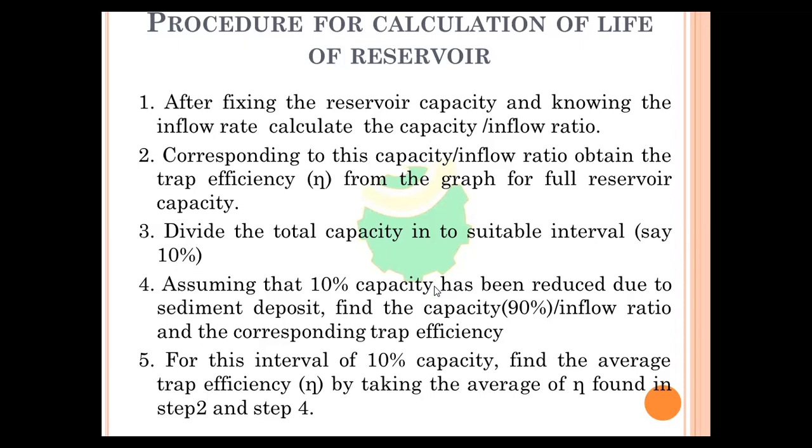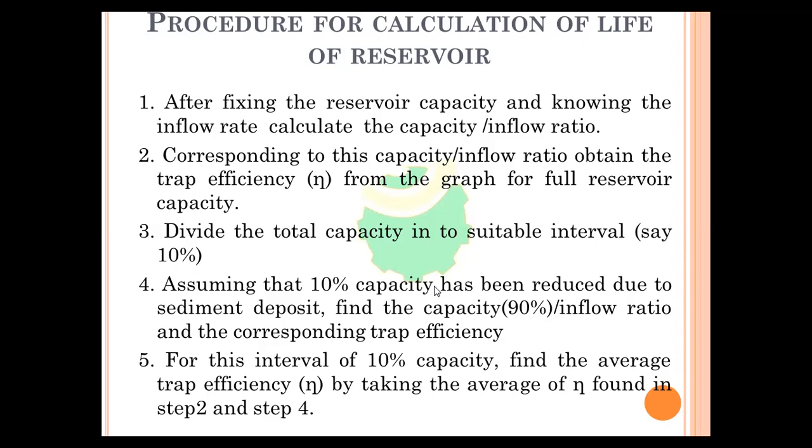Next, for this interval of 10% capacity, find the average trap efficiency. After getting all trap efficiencies for each capacity, that means the trap efficiency value for 100%, for 90%, for 80%, average the trap efficiency values.